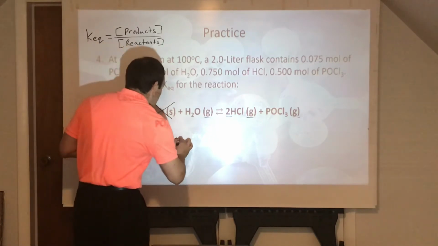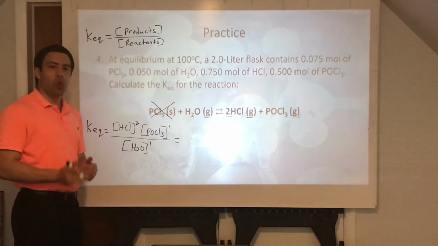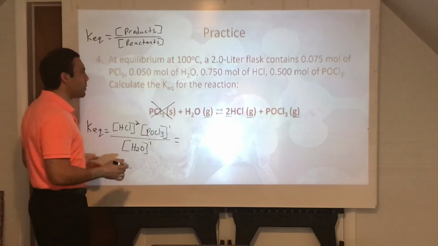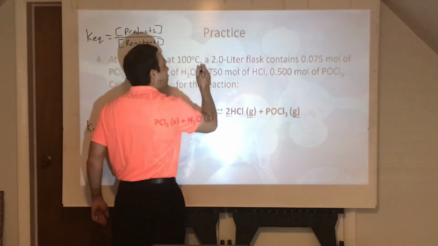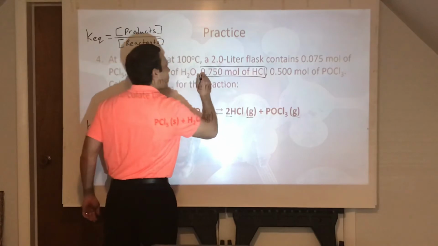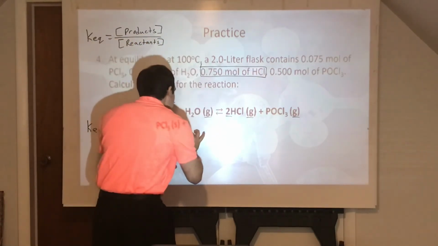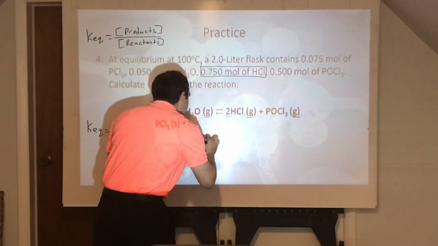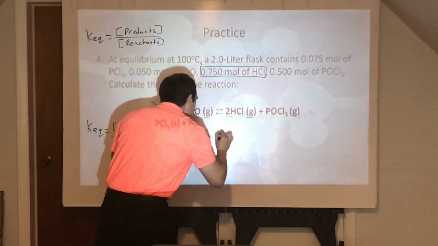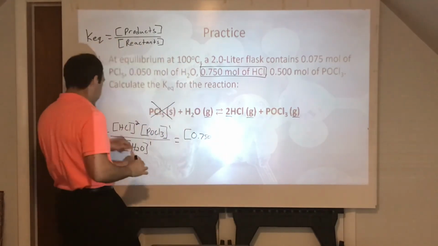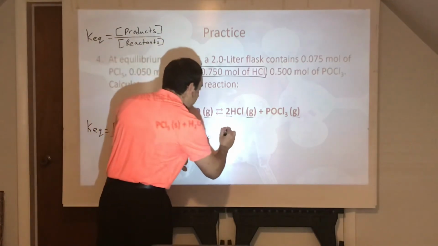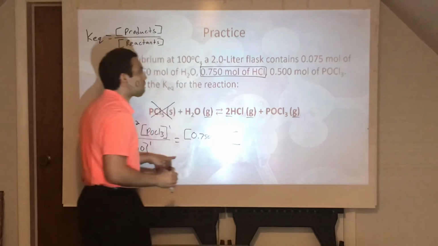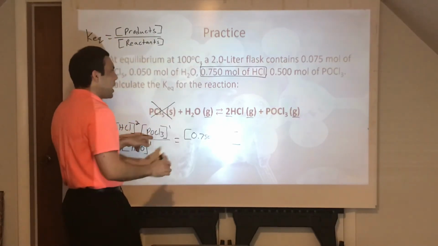Be very careful when solving these problems. Make sure you have the right numbers corresponding to the correct substances. So we start off with HCl. We have 0.750 moles of HCl raised to, once again, the second power, times POCl3.